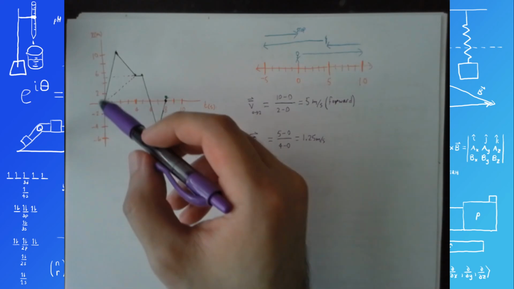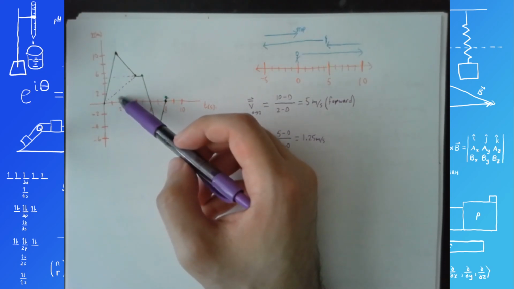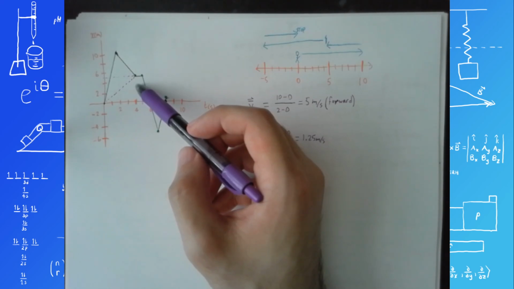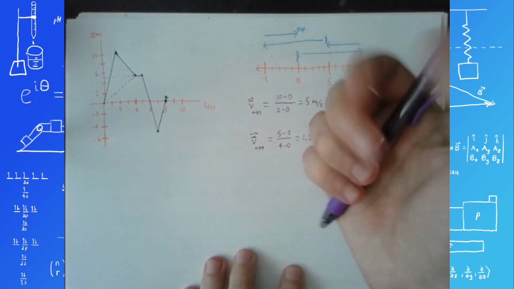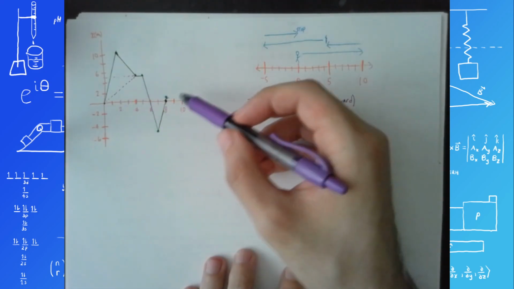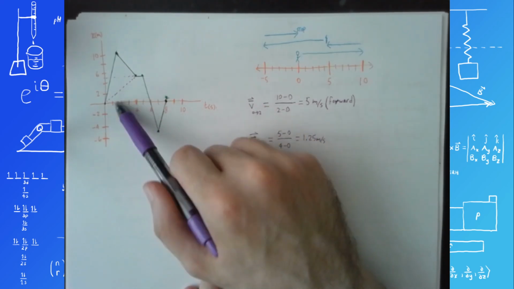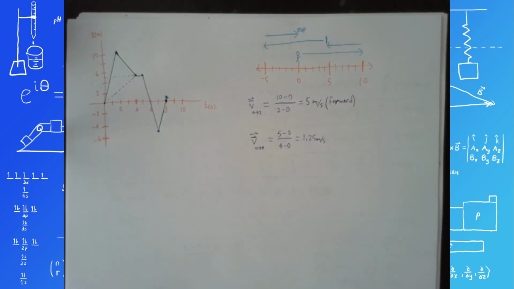As we can see, the fact that the graph does not look like this line is just further confirmation of what I've been repeating like a broken record all day today. The average velocity does not necessarily have to be the velocity at which the person traveled. In fact, there is no point on this graph where the slope is equal to this slope. At no point at all in this graph does that ever occur.